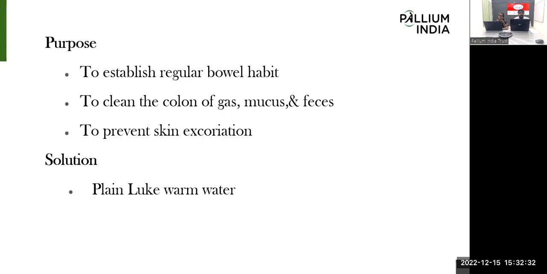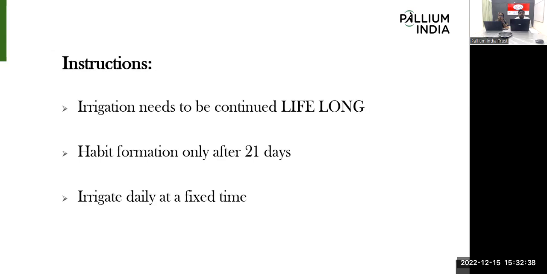Mainly plain lukewarm water is used for colostomy irrigation. Then we need to give some instructions to the patient. First, irrigation needs to be continued lifelong. If you start irrigation for the patient, they need to practice it lifelong. After surgery, a maximum of 21 days is needed for preparation of the stoma.